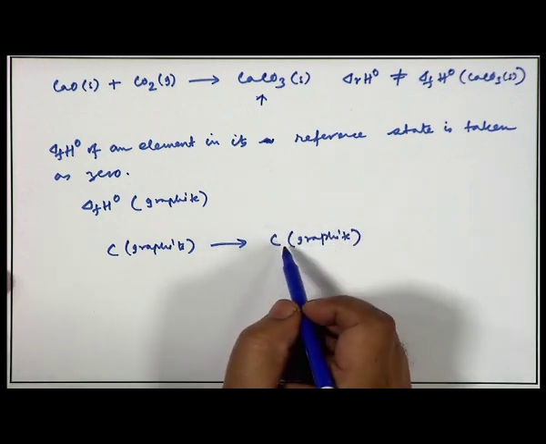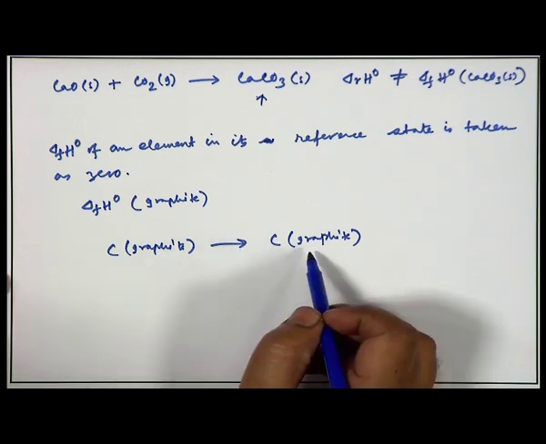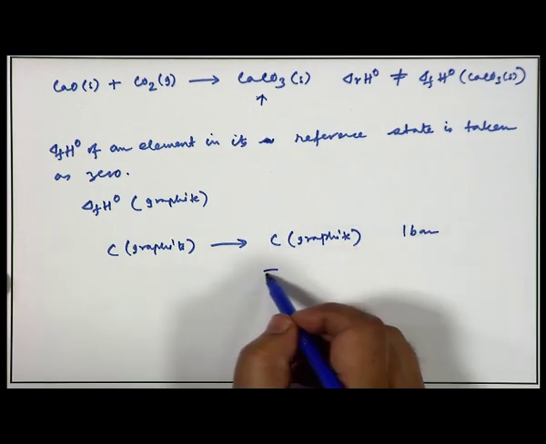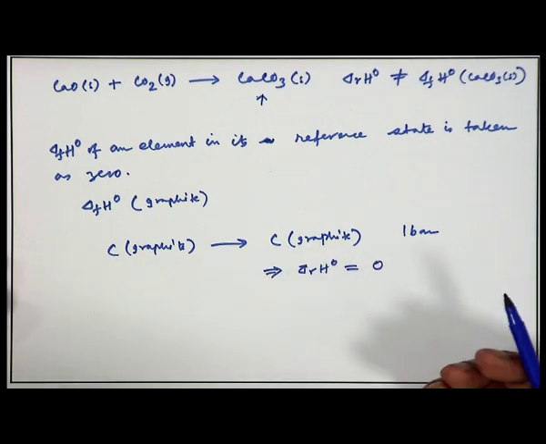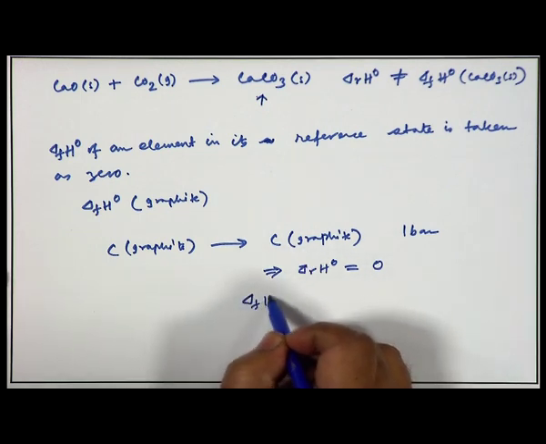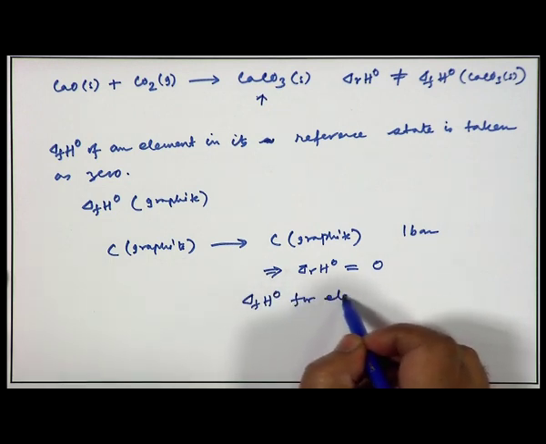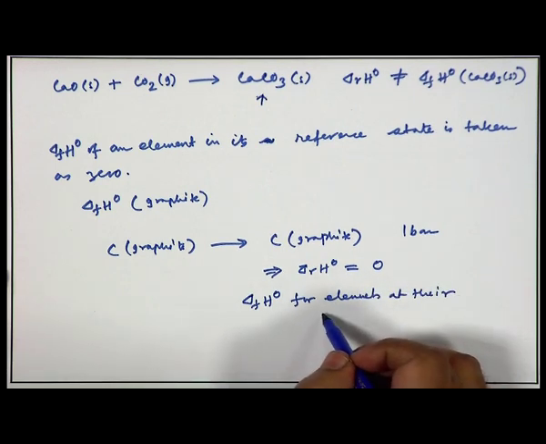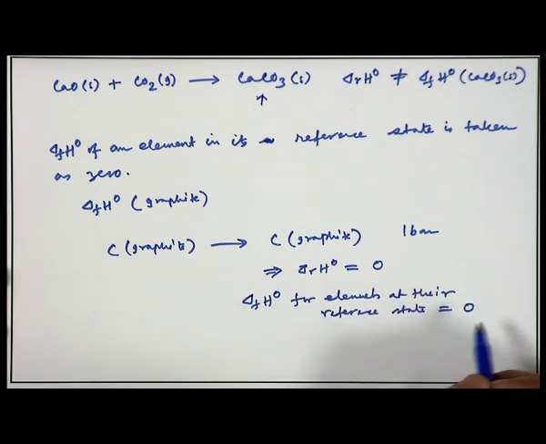The delta H formation for graphite would be the heat of reaction for this particular reaction at 1 bar and this particular temperature, but delta H for this reaction is always 0, which means that we can always consider that delta H formation for any element at its reference state is always 0.